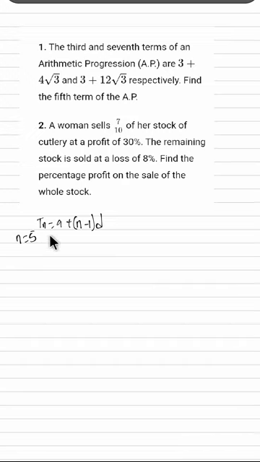Let's use this nth term formula to derive it. Since n is equal to 5, T5 equals a plus (5 minus 1) multiplied by d. Now, 5 minus 1 gives 4. Therefore, the fifth term of the AP is equal to a plus 4d. So this is what we are about to look for.